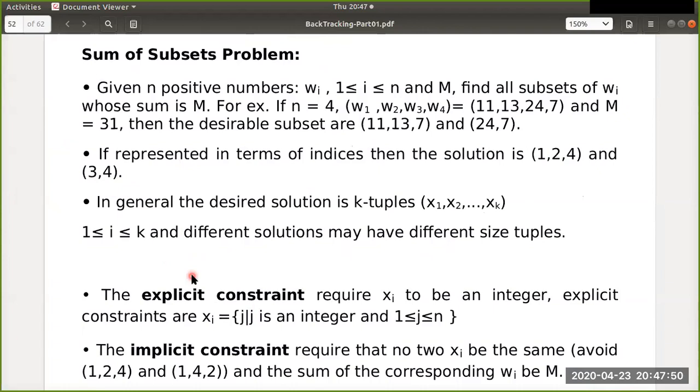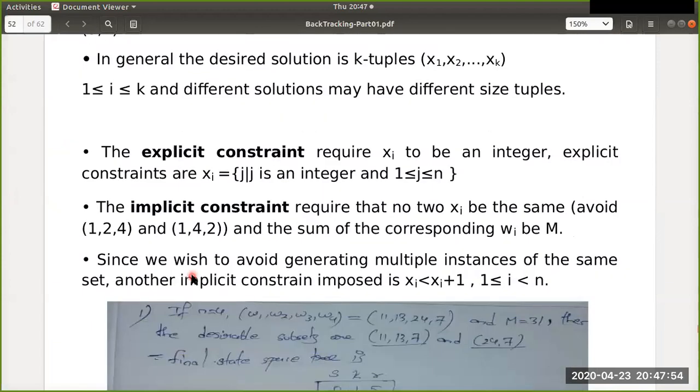Only two are the solutions. For the implicit constraint, if I take the item indexes 1 to 4, I should not repeat 1, 4, 2, the same items in a different order. So this is the implicit constraint, in order to get the sum equal to M.